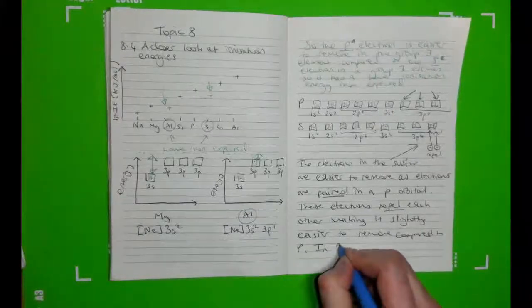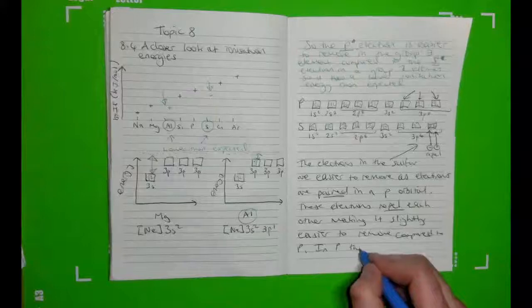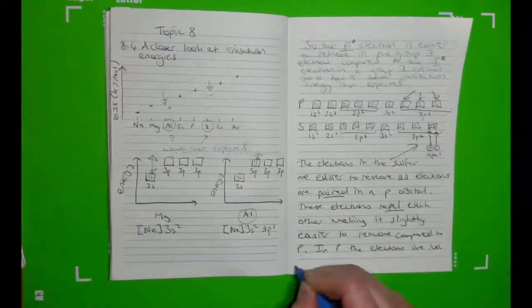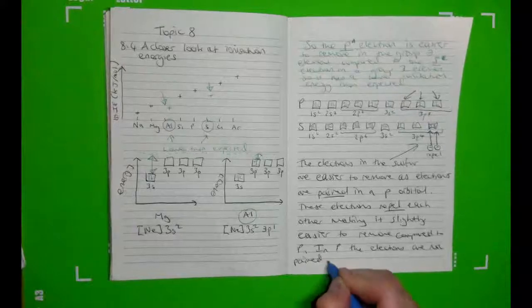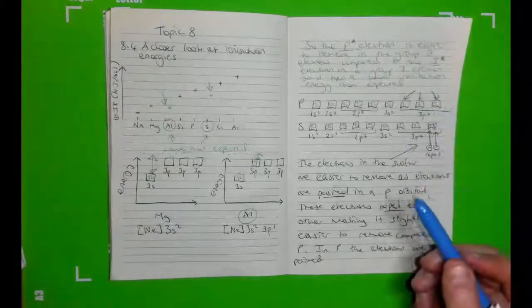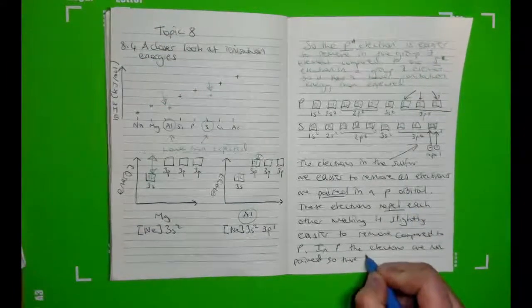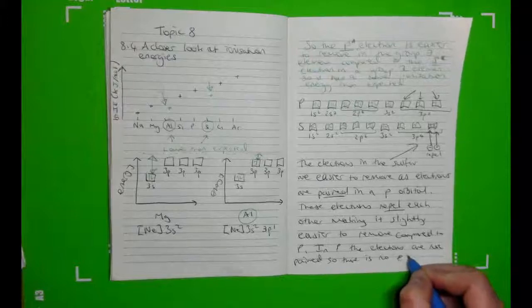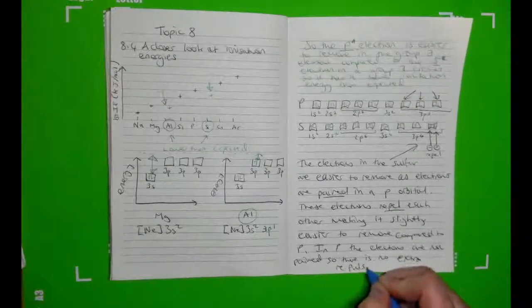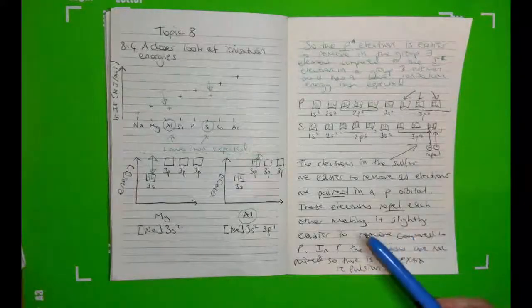In phosphorus, the electrons are not paired. So there's no extra repulsion.